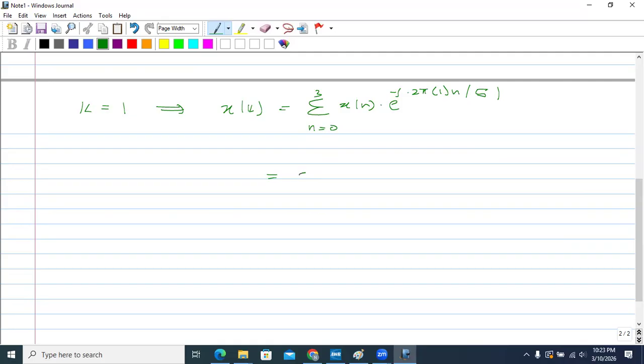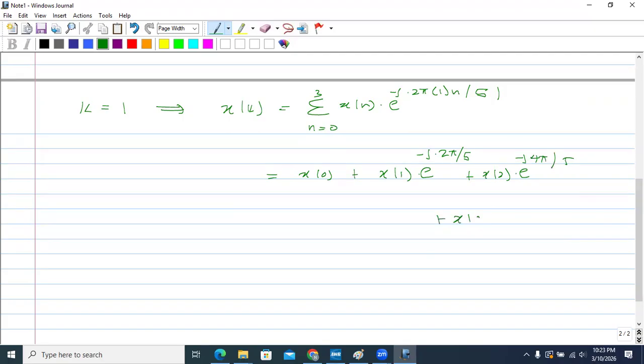So plus x0, where n is 0, so e to the power 0 will be 1. Plus x1 e to the power minus j 2π/5, where k is 1 and n is also 1. Plus x2 e to the power minus j, where k is 1 and n is 2, so 2 into 2π, that is 4π divided by 5.